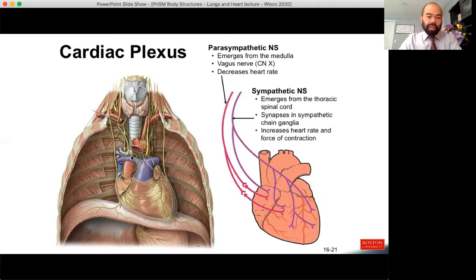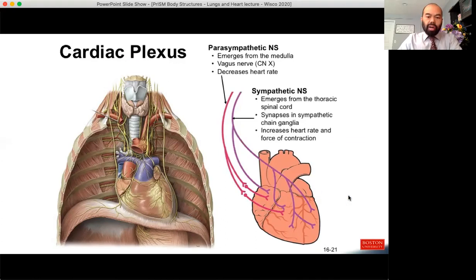So in summary, the vagus nerve drawing here is a preganglionic neuron and its axon, and then these are postganglionic, and the entire sympathetic tree here that you see in this drawing is all postganglionic.